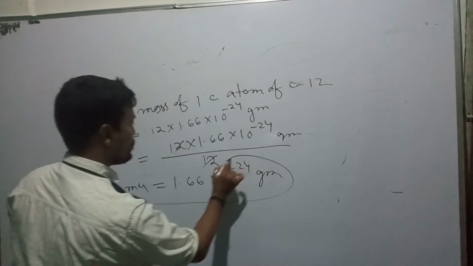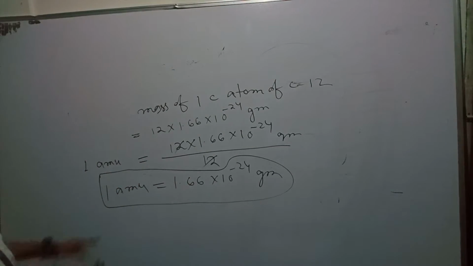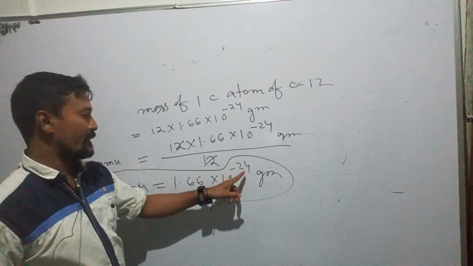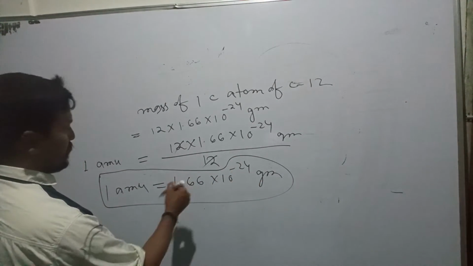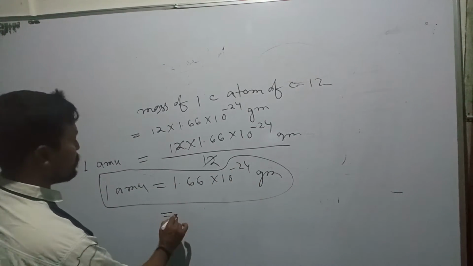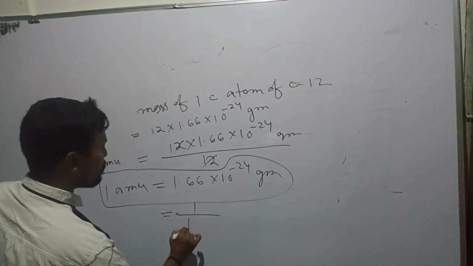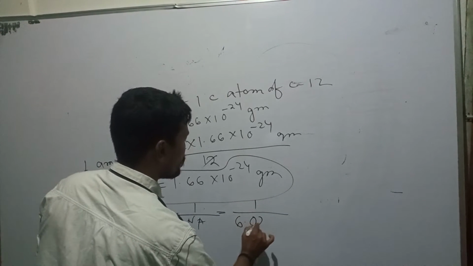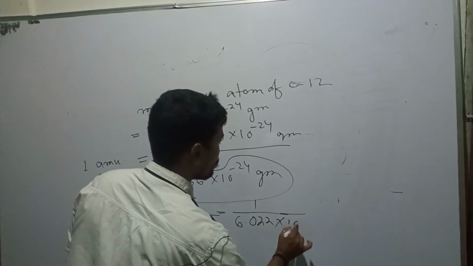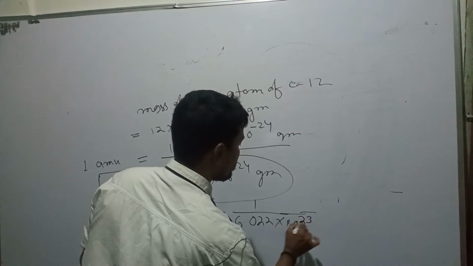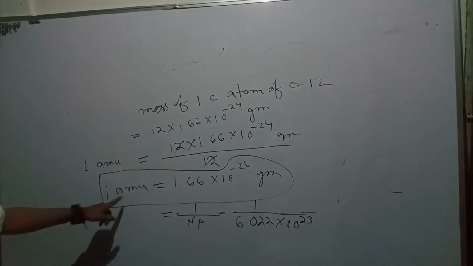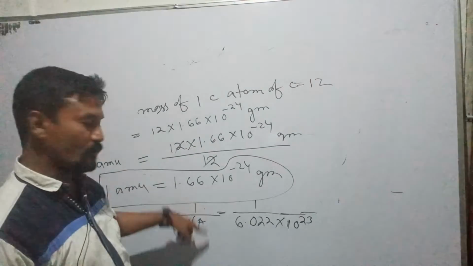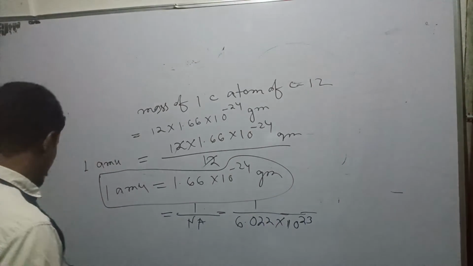Here this is an important formula. 1 AMU means 1.66 into 10 to the power minus 24 gram. We can also write another formula: 1 by Na, that is 1 by 6.022 into 10 to the power 23 gram.